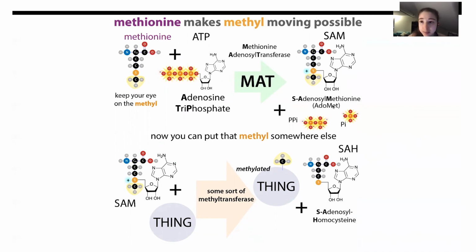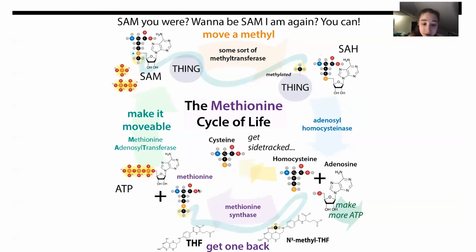So not the phosphates, but the phosphates will get released, and this is going to provide energy to drive the reaction. And so now this is attached to this. And now you have a charge here, so you have something that's going to be more reactive. And a methyltransferase is going to help transfer this carbon group to something else. And now you can see that the sulfur has lost the charge. So this is happier. And now your thing is methylated. And then the whole thing can be regenerated.